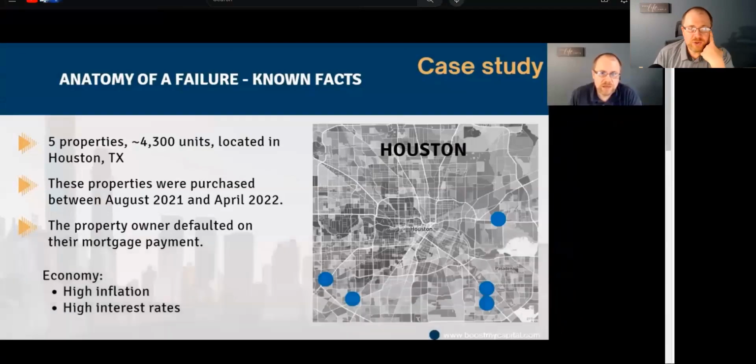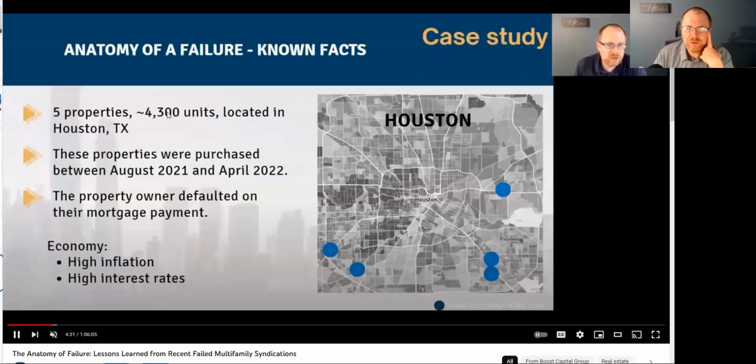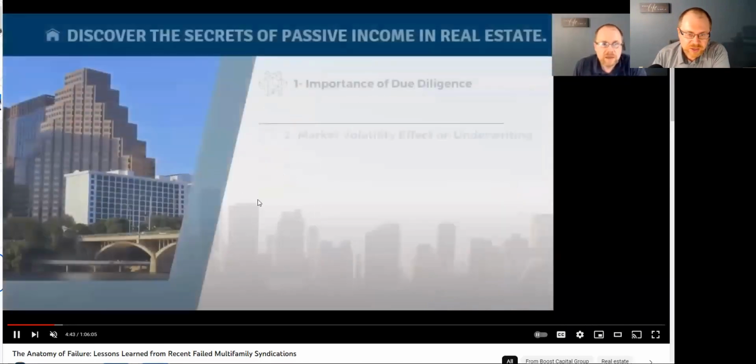The real case study had an additional huge property, like 1,100 units. So there's a total of five properties, 4,300 units purchased between August 2021 and April 2022.